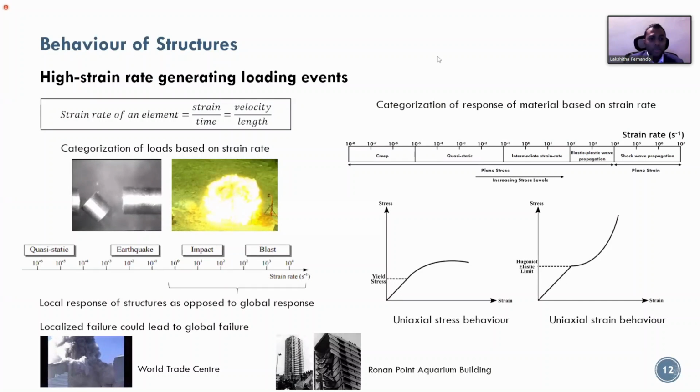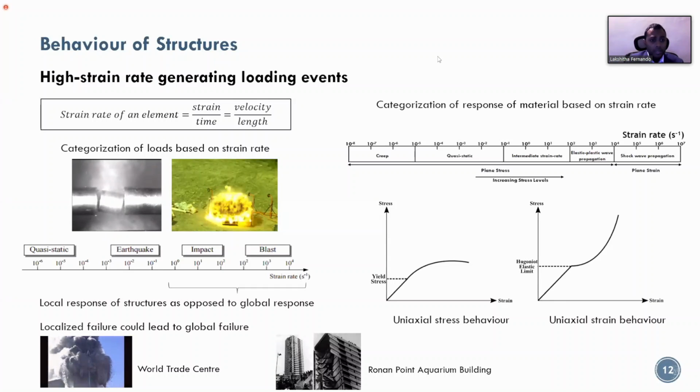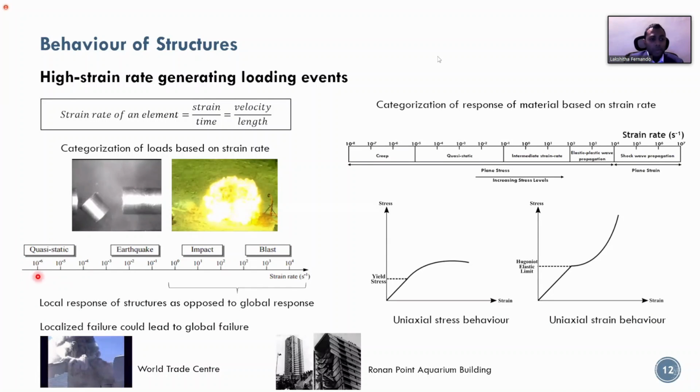So that is why, as you could see here in this left-hand side figure, the strain rate starts from 10 to the power minus 6, increases to 10 to the power 0, and then keeps increasing to 10 to the power 4 and so on.